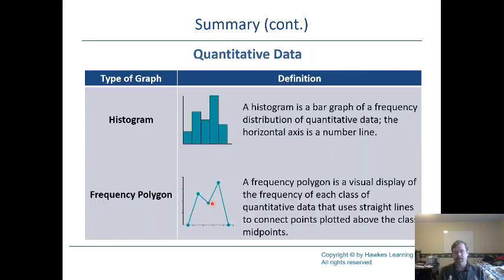Histogram is a bar graph of a frequency distribution. We will be dealing with histograms more. That is what a lot of statistics gets built on top of. And frequency polygons, which is basically your histogram converted into a line.